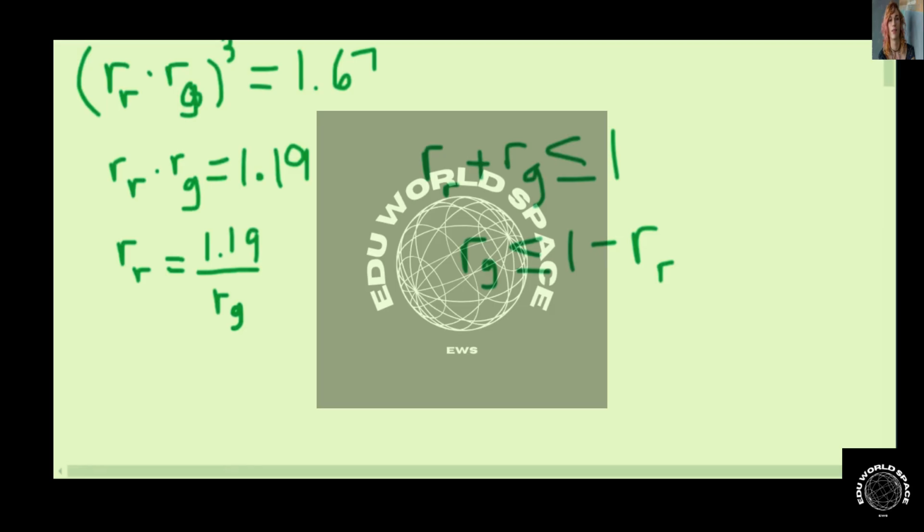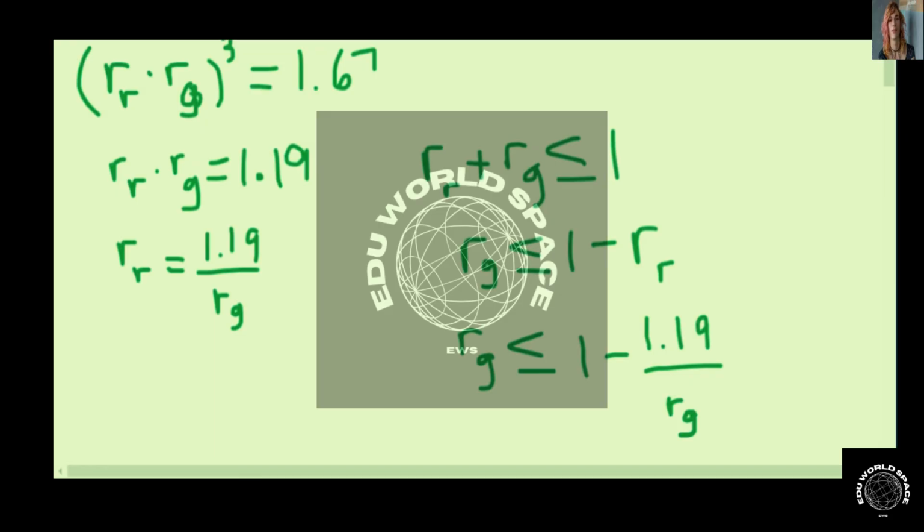So let me put these two together. R g has to be less than or equal to 1 minus 1.19 over R g.